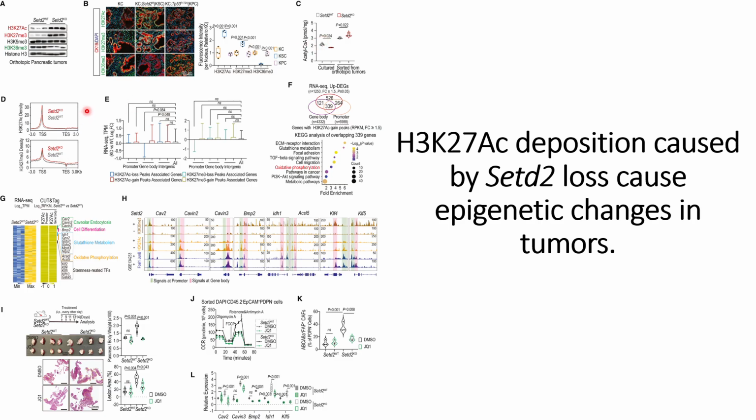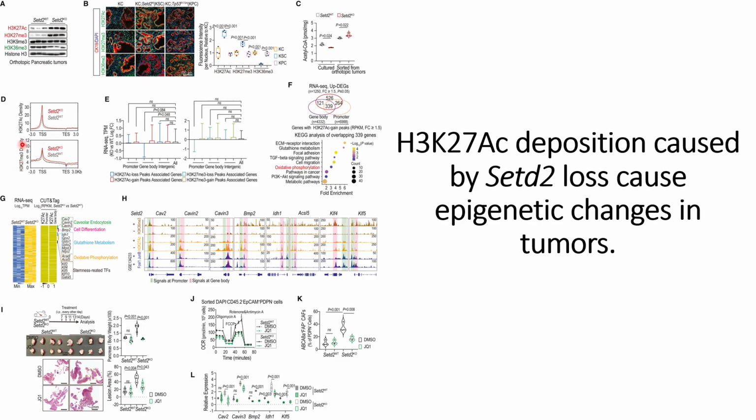So in order to check that, they further checked the H3K27Me density and H3K27Ac density in the Setd2 knockdown and Setd2 wild type. And what they found is that H3K27Ac is increased in the Setd2 knockdown, whereas there is not much change in the H3K27Me density.